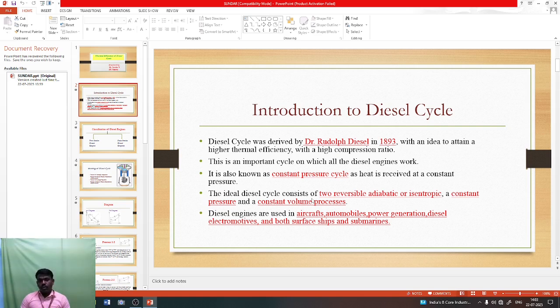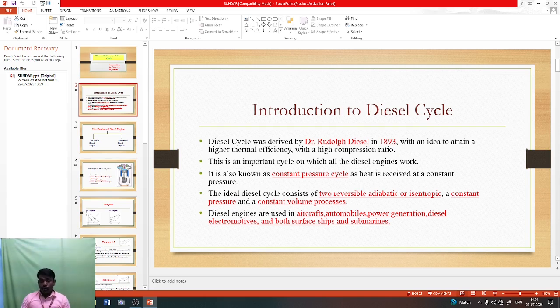So Dr. Rudolf Diesel invented this cycle to increase the thermal efficiency of the engine and to achieve a high compression ratio. So you see, it is an important cycle, and all diesel engines work based on this cycle.